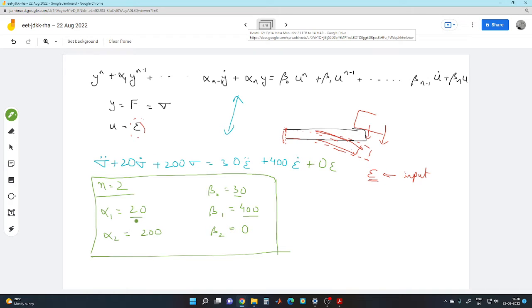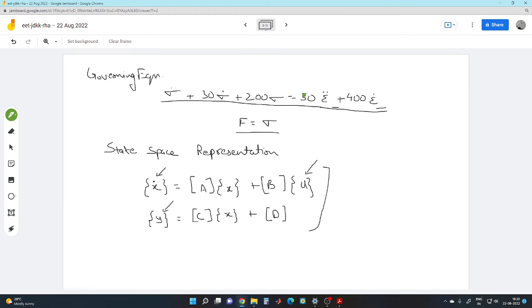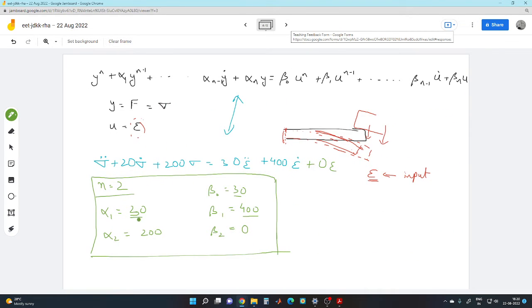Okay, wait. Have I done something wrong? Alpha 1 is 30. Yeah, alpha 1 is 30. I had written it incorrectly here. Just make it a correction. So alpha 1 is 30, beta naught is 30, and beta 1 is 400.